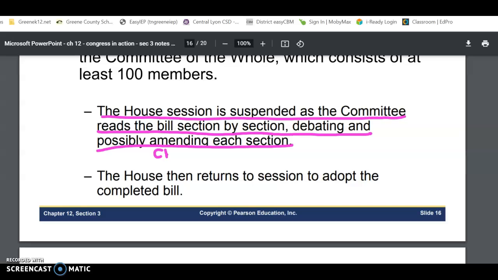So remember, amending means changing. So they're debating and making changes, and they're reading each bill section by section. The House will then return to normal session to adopt the completed bill.